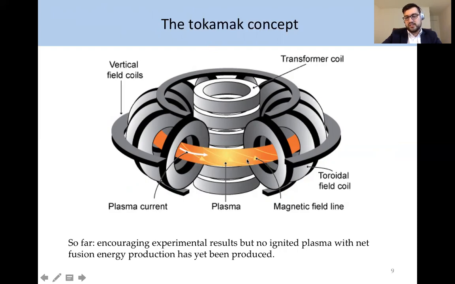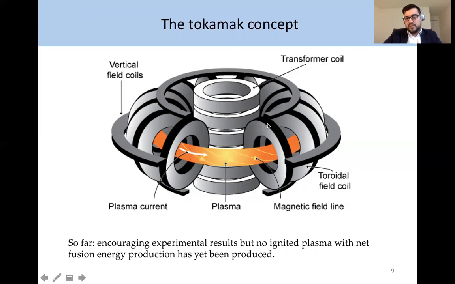So in orange here, that's the plasma, the very hot gas that keeps spinning here. And you have a number of coils to confine that plasma and generate the field that is necessary for confinement. But in essence, the central stack here is the primary of a transformer, and the plasma acts as a secondary circuit of the transformer.